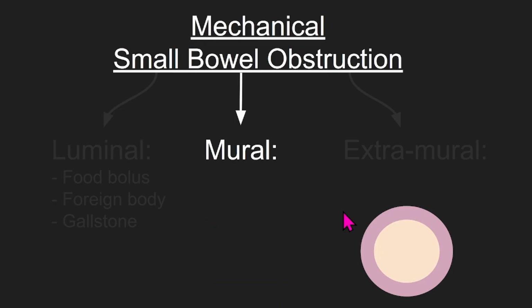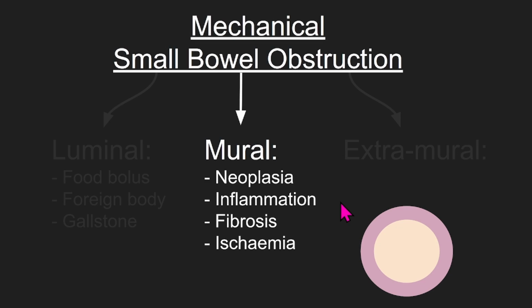The next category is mural causes of bowel obstruction, so causes of bowel obstruction that are found in the wall of the bowel. Here's a reasonable list of causes. So neoplasia, so malignant or non-malignant tumors, growths rather, and inflammation.